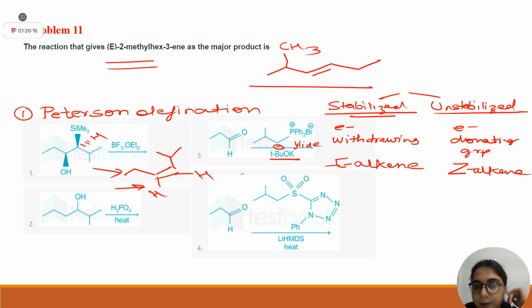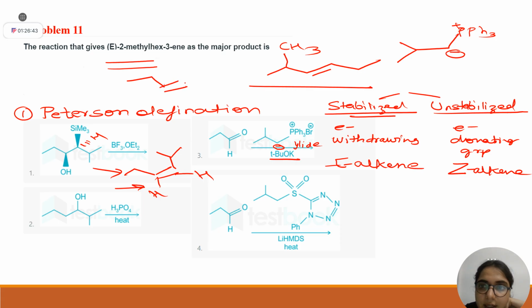For this you may refer to books for why stabilized ylides give E alkene and why unstabilized ylides give Z alkene. But for problem solving, let's do it step by step. Your ylide will be like this. If I have to do the Wittig reaction, I can directly write this.